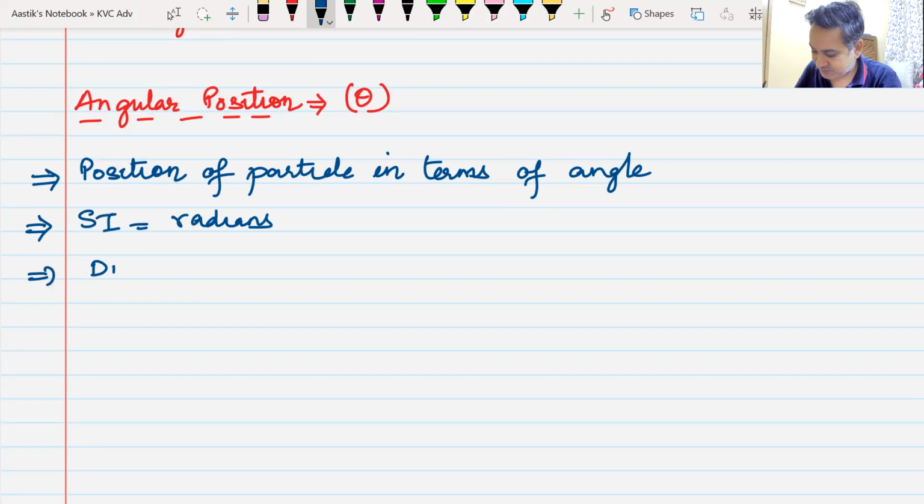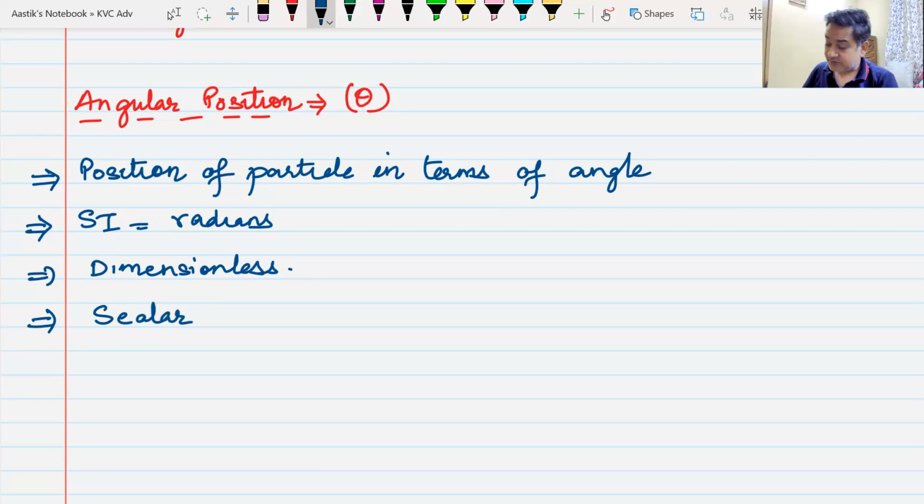It is dimensionless because angle is dimensionless. I told you angle is the only physical quantity which is dimensionless, but it has a unit. SI unit is radian. What type of quantity is angular position? Angle is a scalar quantity. So this becomes a scalar quantity.